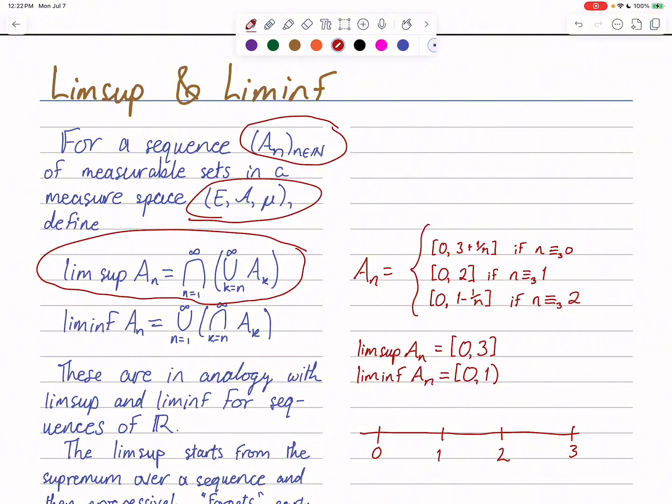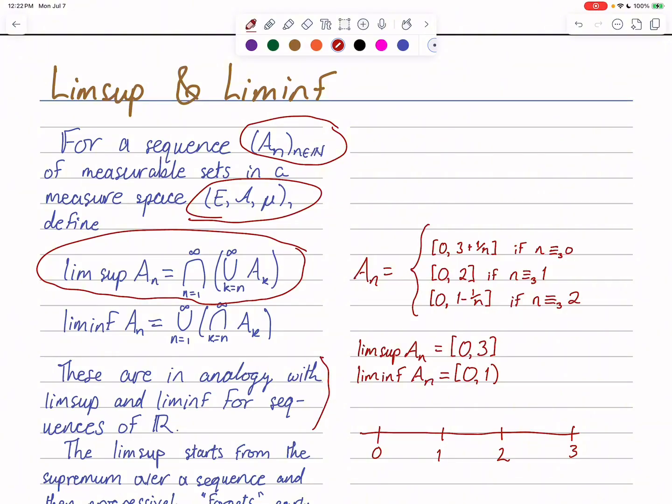And of course, it has to have something to do with the limsup and liminf for sequences of real numbers. Let's remember briefly how one way that you can think about what those things are. For the limsup, if you have a sequence, to get the limsup, you effectively first take the sup over the entire set.